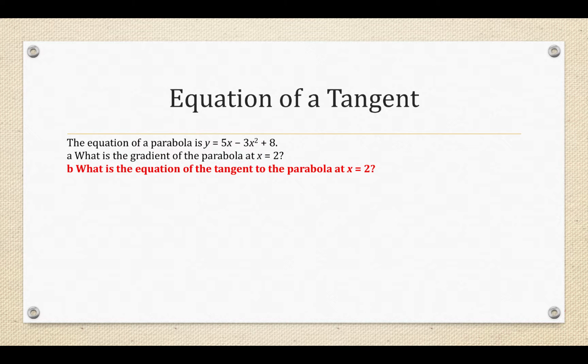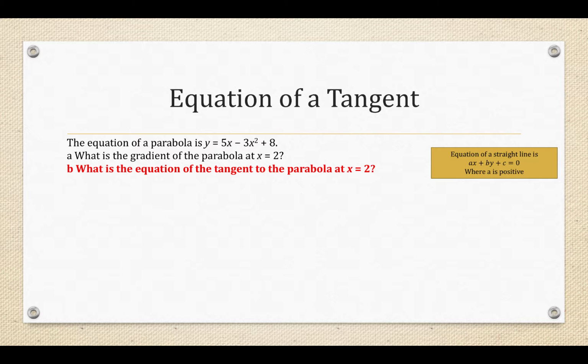The second part of this question, we're asked what is the equation of the tangent to the parabola at x equals 2. So we're wanting to find the equation of a straight line, and we're going to have our final answer in the standard form of ax plus by plus c equals 0, where the coefficient of x, a, is positive. At the moment, the only information we have in regards to our tangent is the gradient.